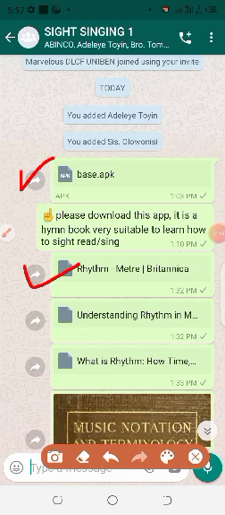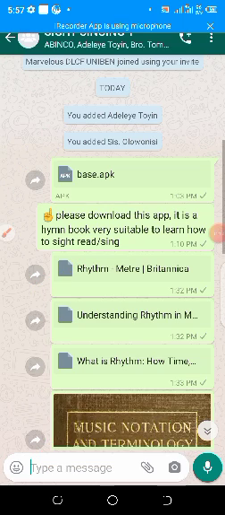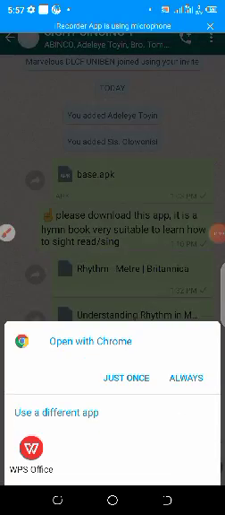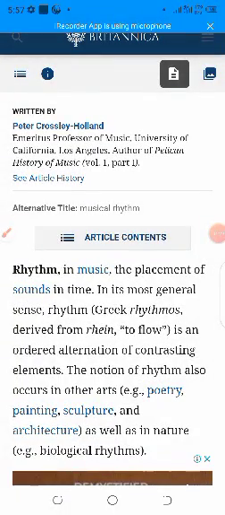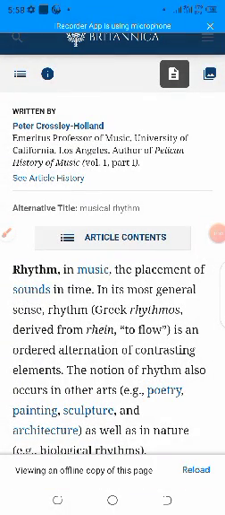Let's open this reading material, Britannica, and see the definition and explanation of some things about reading. So I click on it, just open it just once. Now this is it. Reading in music is the placement of sound in time.